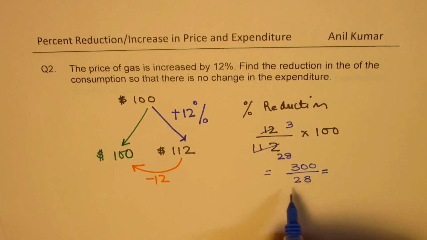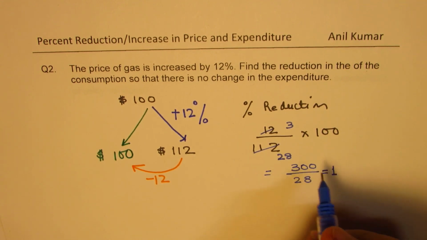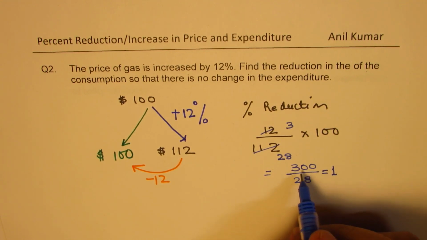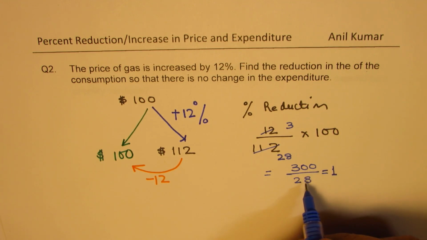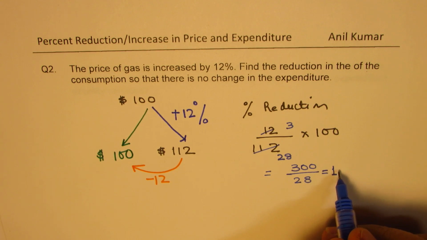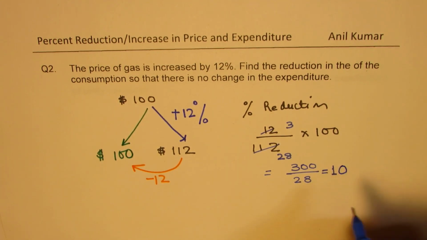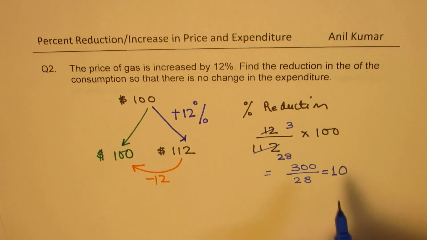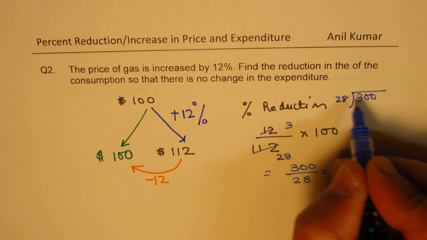So 28 will go one time, so we get 28 and then 120, right? So one time is 28, we are left with 20, so not full, but again we can just go 10, right? So somewhere 10 point something, right? So you could do long division to do this. It's easier to do like this.